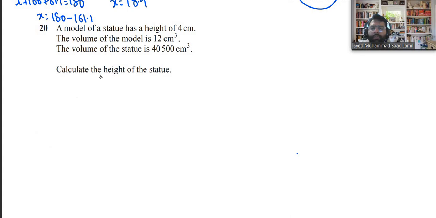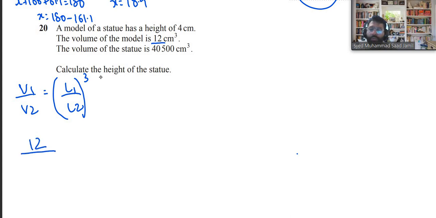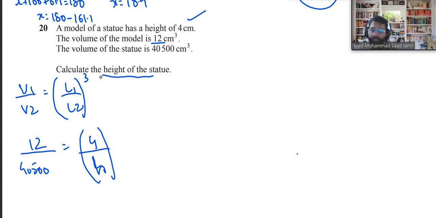For a similar figure like this, you use the formula V1 upon V2 is equals to L1 upon L2 whole cube. So V1 is 12 upon V2 is 40,500 is equals to L1 is 4 upon L2, the height of the real statue, so we say h, whole cube.